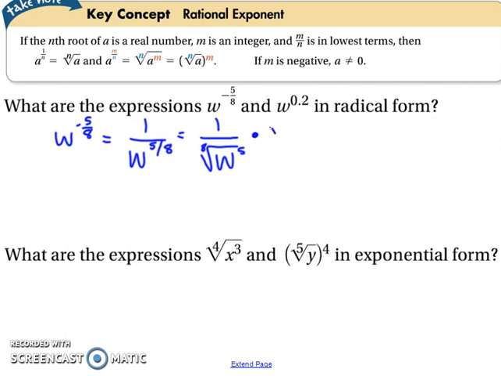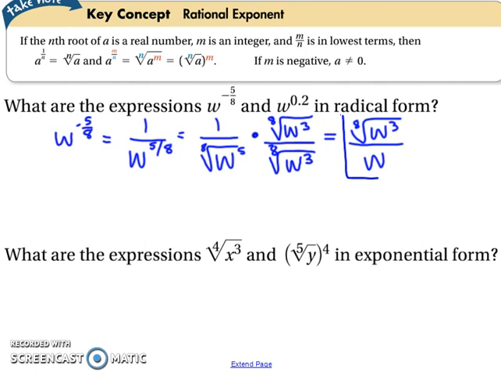So what I'm missing then would be the 8th root of w cubed. So you want to think about what that exponent has to be, so that if you add it to the other exponent, you'll end up with the index number. So now when we multiply across, we have the 8th root of w to the 3rd on the top, and now on the bottom, we'll have the 8th root of w to the 8th, which is just going to end up being w.